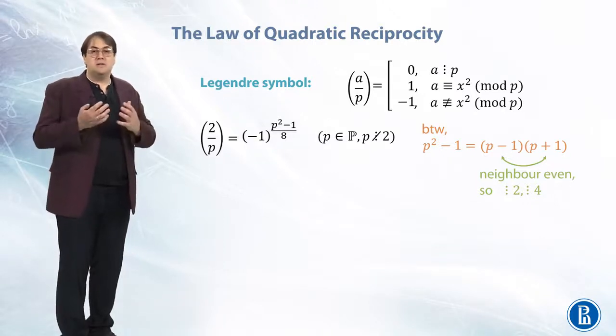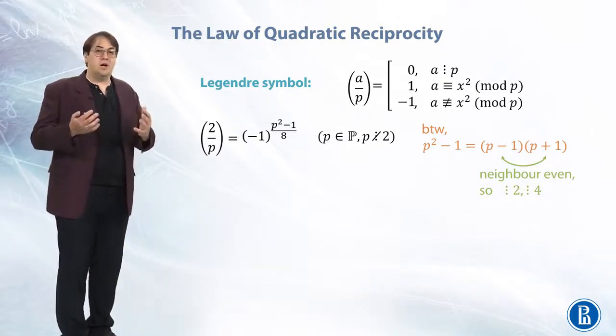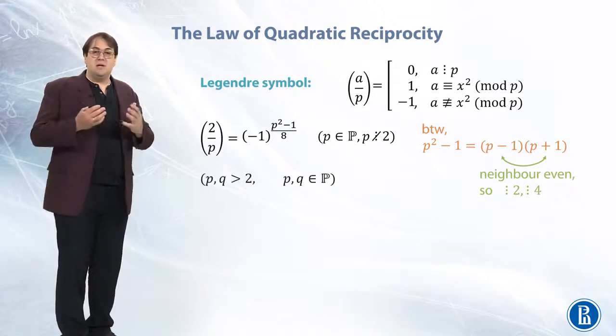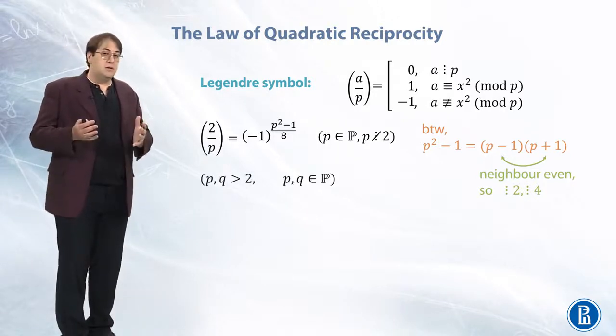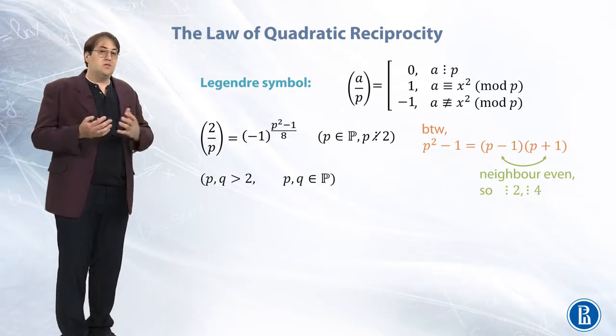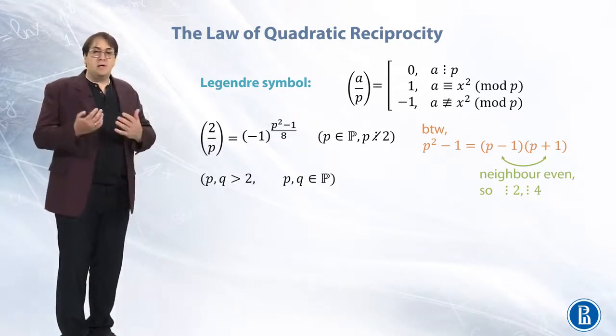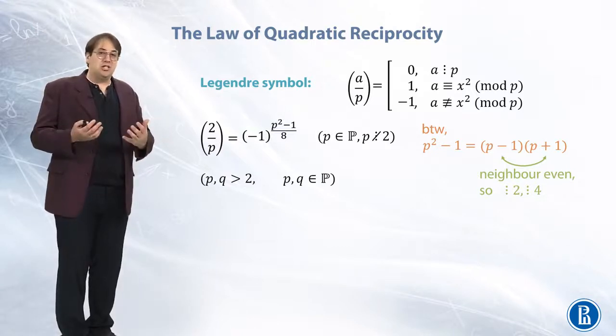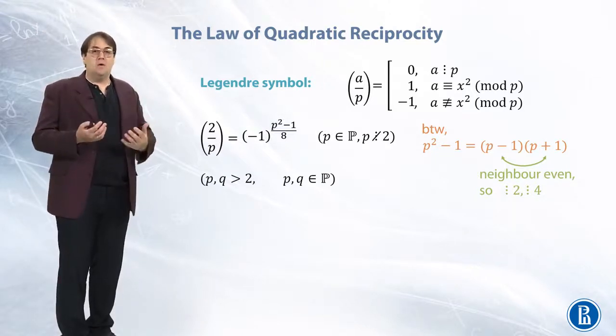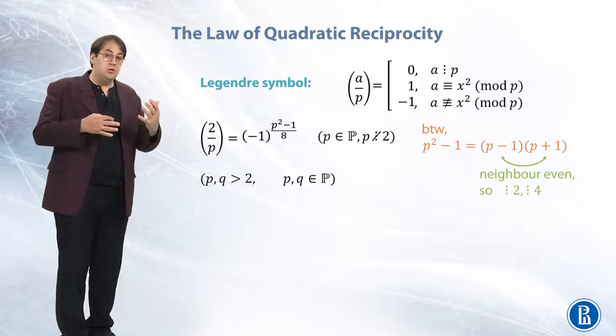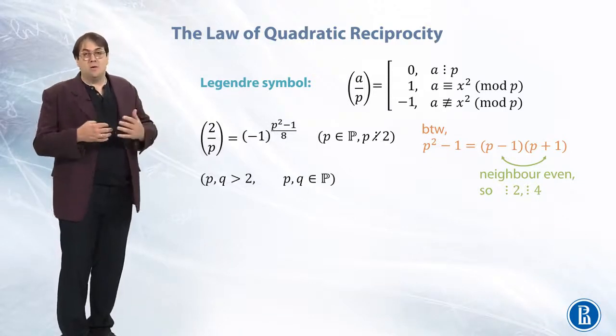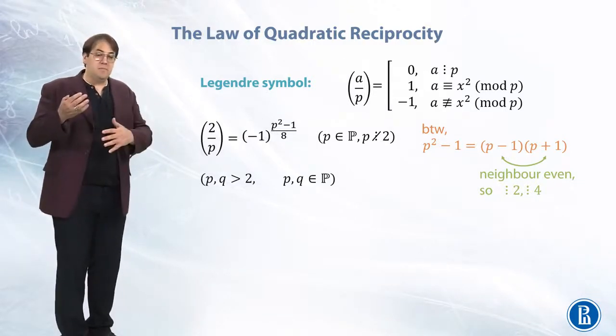What about two prime numbers, p and q, both odd, which are of course not equal to each other? Is there any way we can establish the connection between the symbol of p modulo q and the symbol of q modulo p?